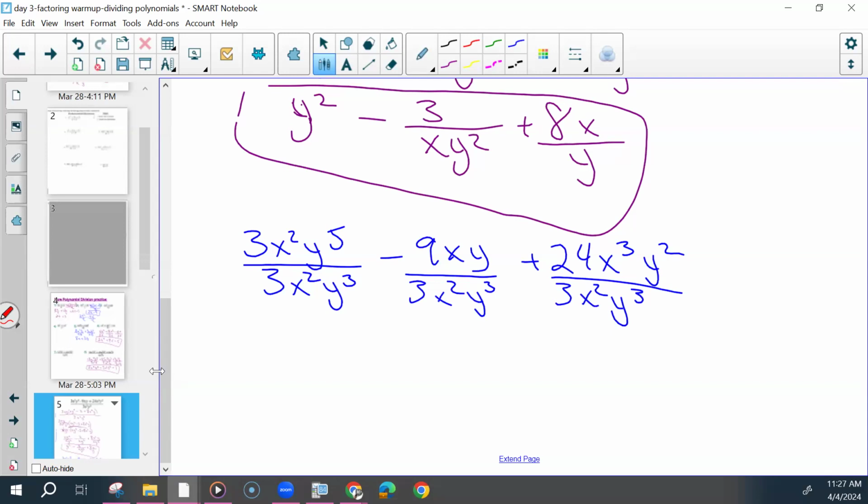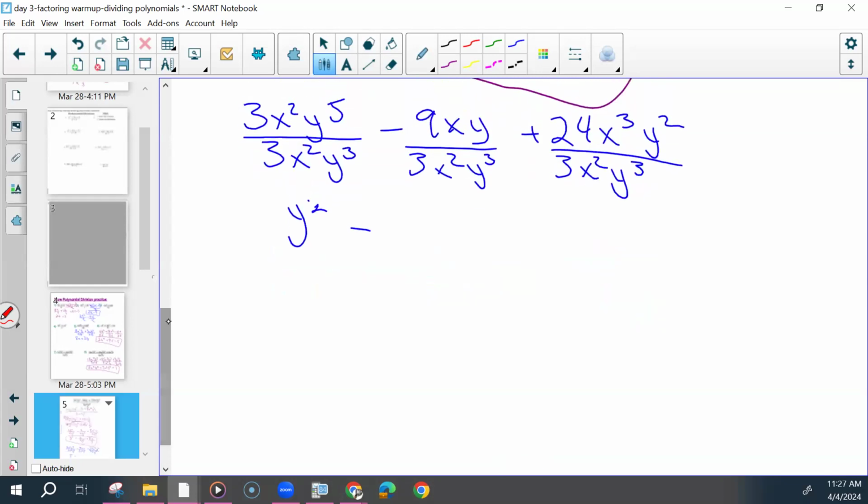Once you have that, we're gonna divide each piece. What would this give us? Y squared minus 3 over x y squared.